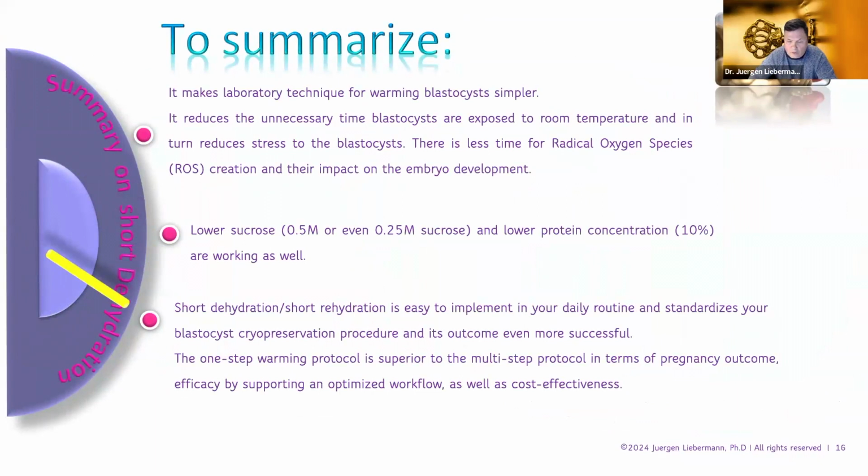A lower sucrose, 0.5 or even 0.25 molar, is possible, as well as culture in lower protein concentration. Short dehydration as well as short rehydration is easy to implement in your daily routine and standardize your blastocyst cryopreservation procedure, and make its outcome even more successful.